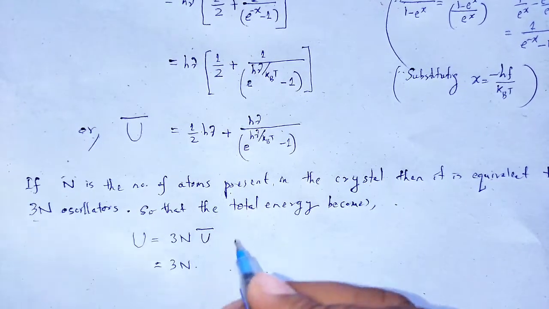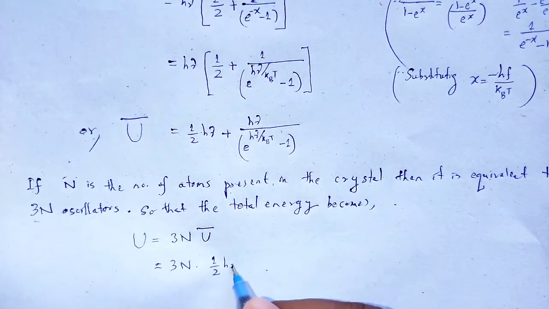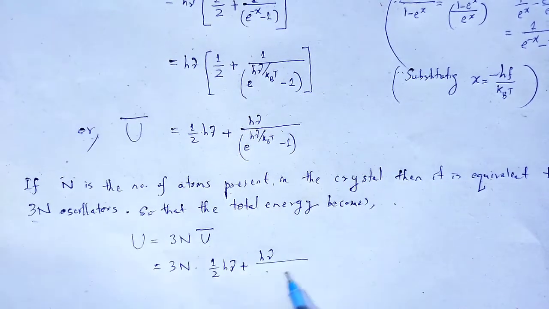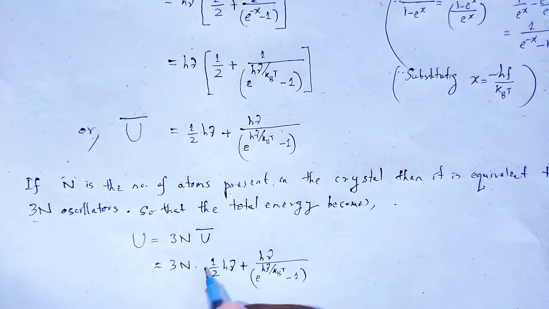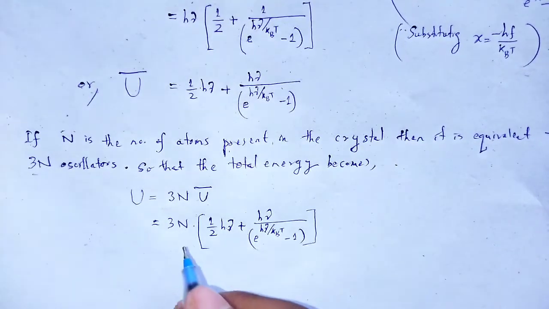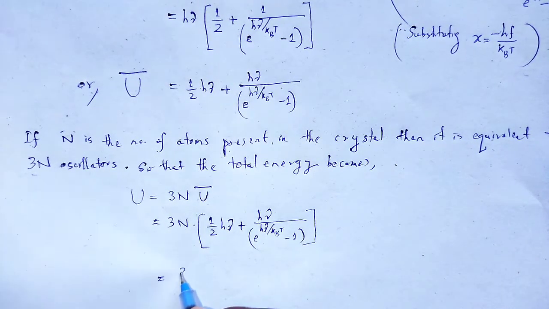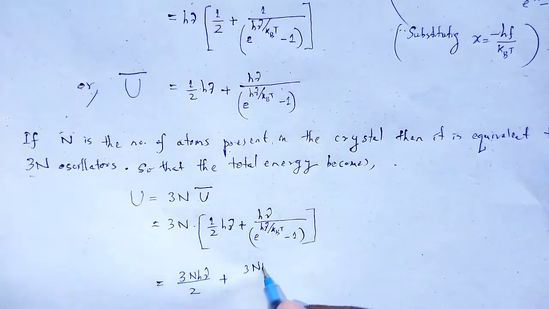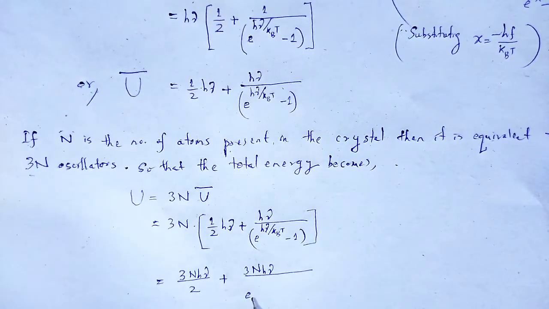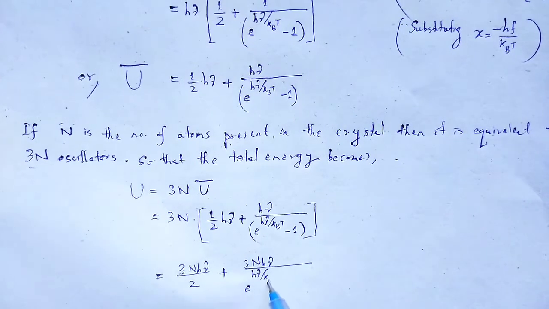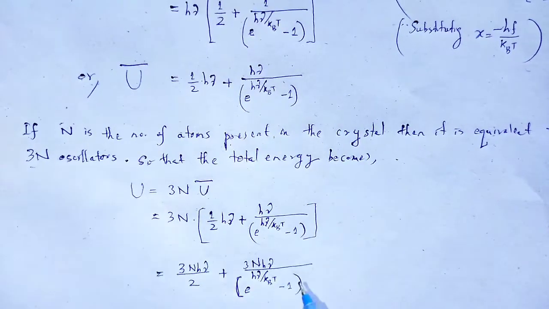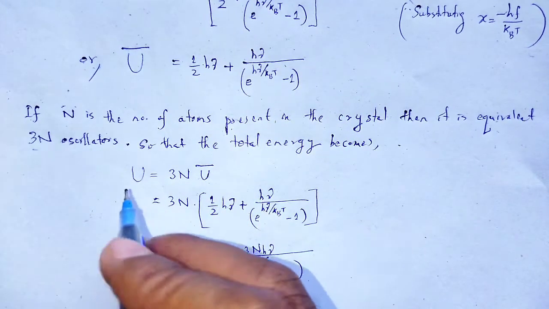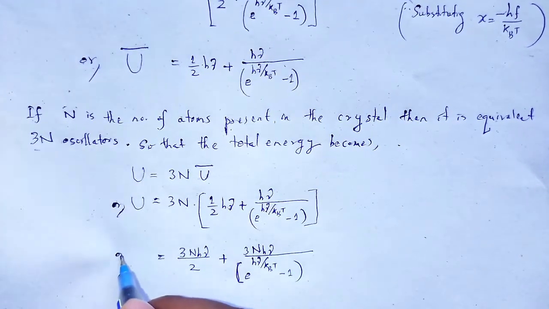So 3n times half h nu plus h nu divided by e to the power h nu by kBT minus 1, that is 3n h nu by 2 plus 3n h nu divided by e to the power h nu by kBT minus 1. That is the total energy U.